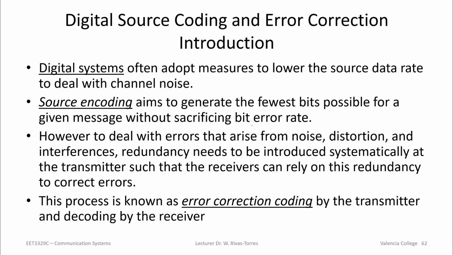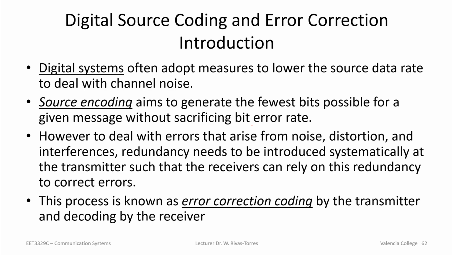So a digital system is always trying to be as efficient as it can be. How do you become efficient? Well, you want to send a message as fast as possible with the least data. If you can reduce the amount of digital data it takes to send a message, that means you get it there quicker. Therefore, you're increasing the throughput, the capacity of your channel.